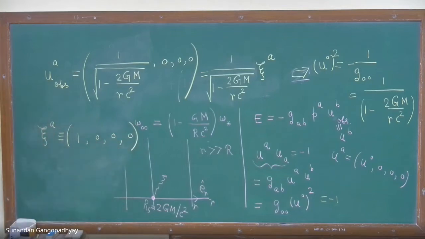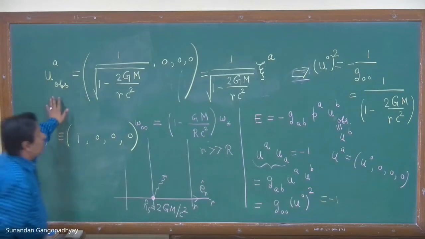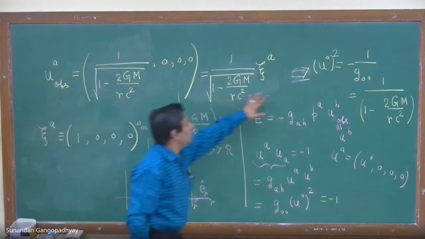So U^A observer is this multiplied by the vector.